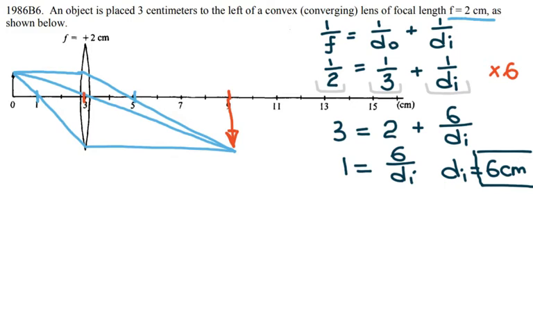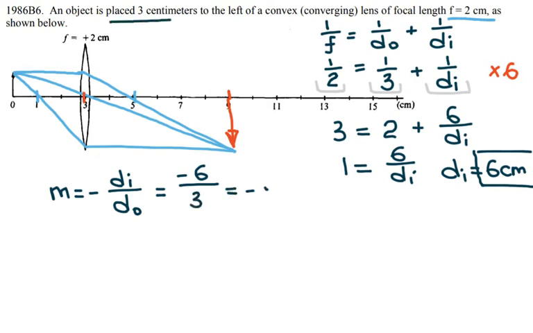Because the image is appearing where the rays are meeting, the image is inverted, and this image is real, not virtual. And now I have to determine the ratio of the image to the object size. So I have the magnification formula, which is negative dI over dO, and that is negative 6, and the distance to the object is given 3 centimeters, so that gives me negative 2.